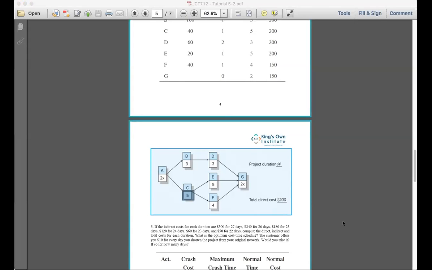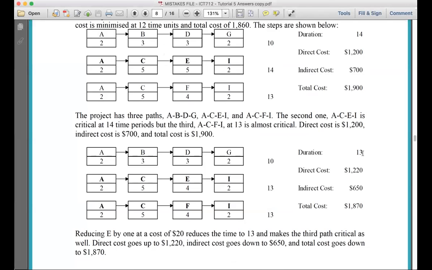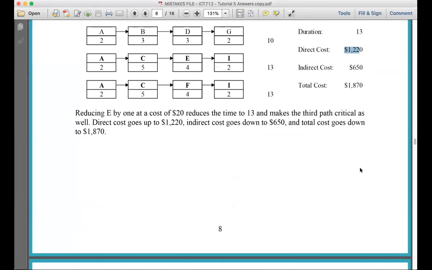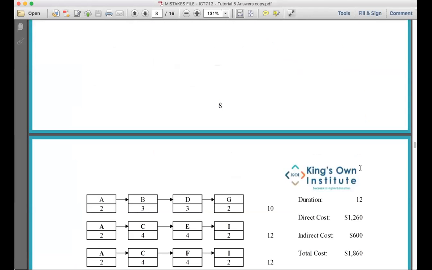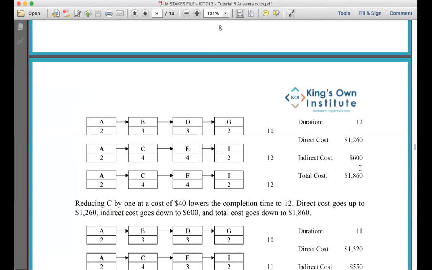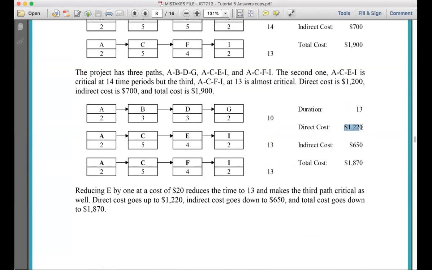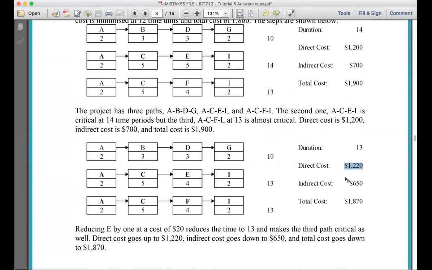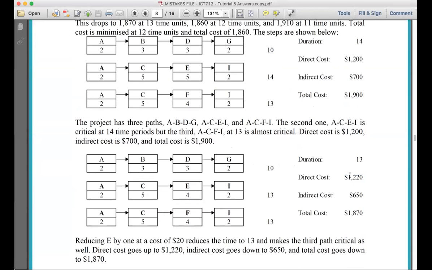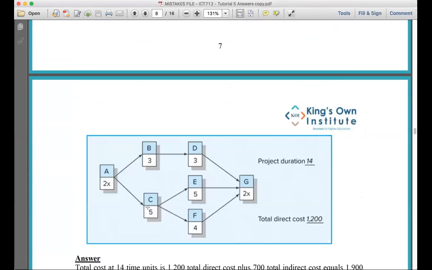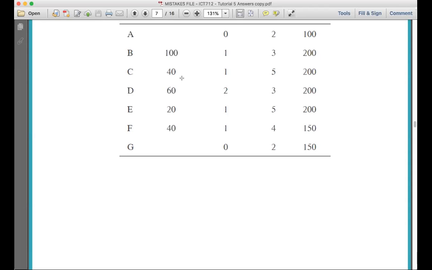Basically, that's one here. It shows you that for 13 days it was 1,220, and then here I reduced one extra duration. I have to load the answers for you, but I got you to the total of 1,260, because you then reduce this activity C. It becomes 4x, and we know that the cost for C is $40.